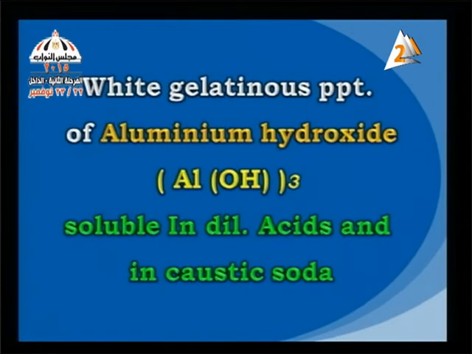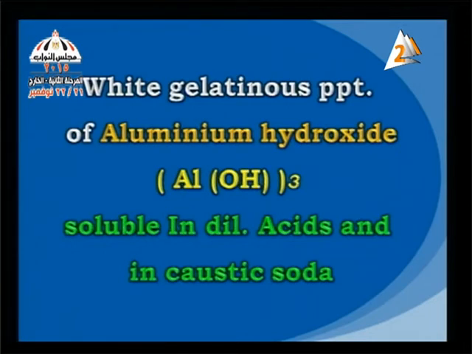Now look at this. A white gelatinous precipitate of aluminum hydroxide is formed. The formula is Al(OH)3, aluminum hydroxide. The color here is white, white gelatinous, my dear.